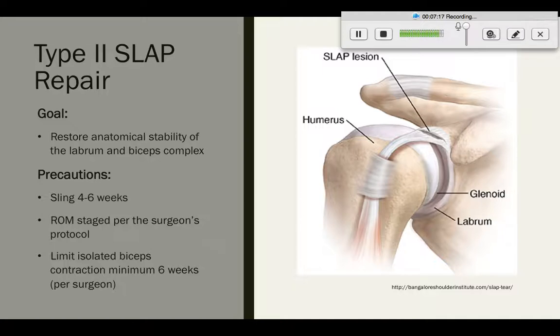The biggest thing is that there's going to be some sort of limitation on an isolated biceps contraction, so elbow flexion and supination, for a minimum of 6 weeks. However, I've seen this in the literature for up to 12 weeks. This is going to be a conversation that you're going to want to have with the surgical team to make sure that you are on track with what their protocol entails.